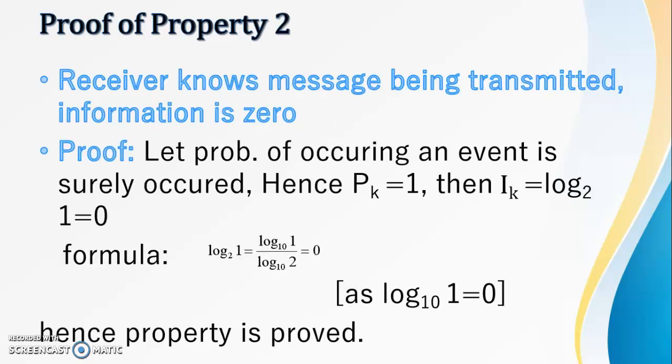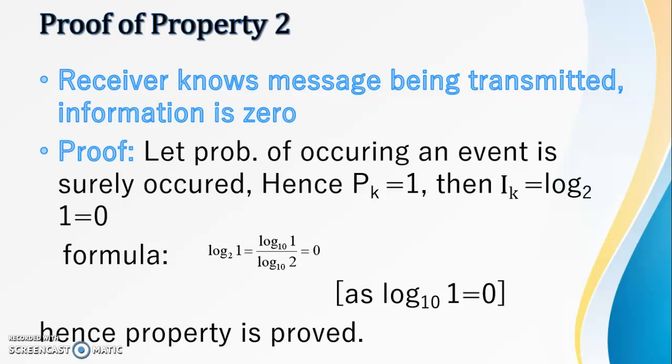Consider the second property. If the receiver knows the message being transmitted, then information is 0. So let the probability of occurring of an event be 1. That means Pk is 1. If the event is surely occurred, then we can say its probability is 1.